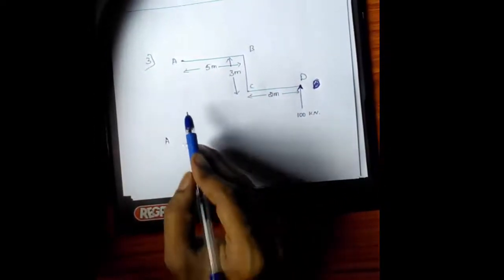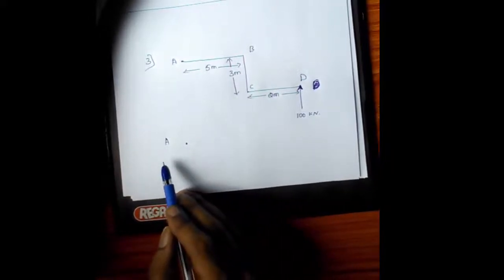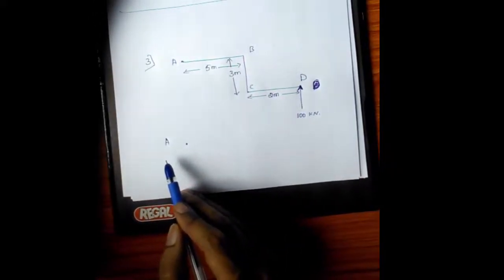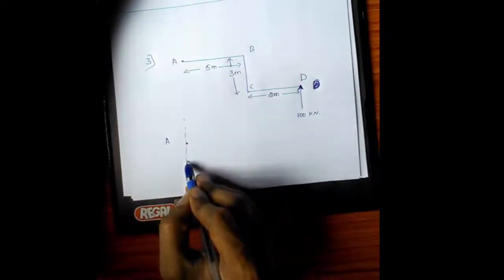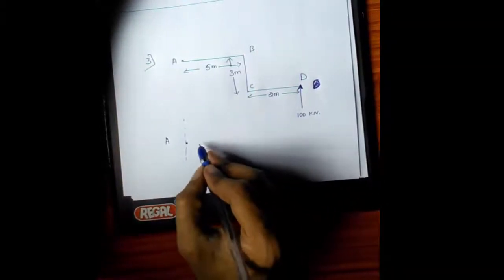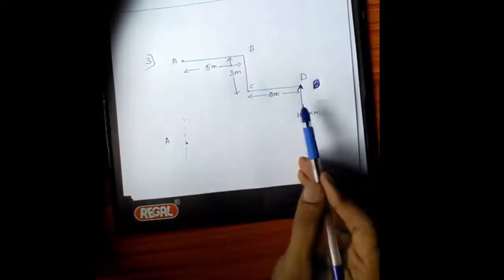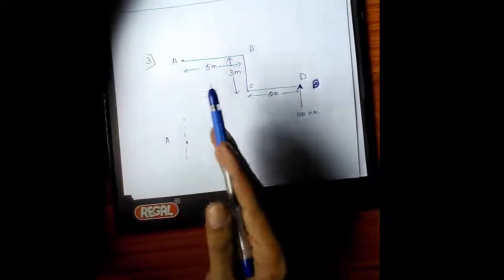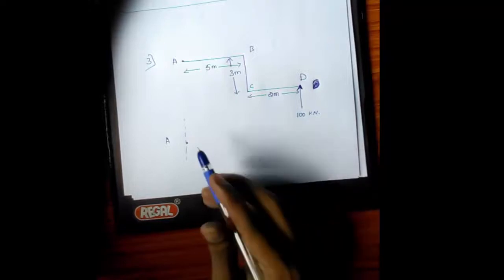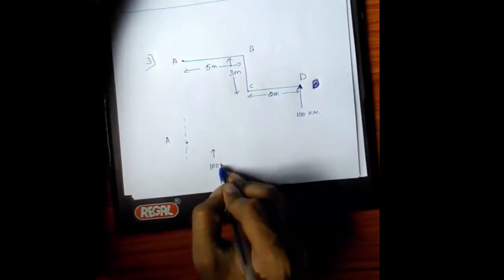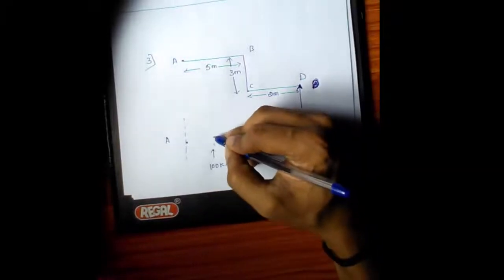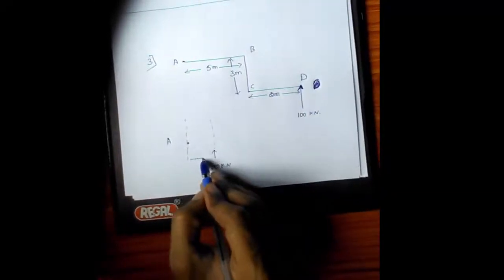You can put dotted lines in vertical also, in horizontal way also. Just check how the force is acting. This force is acting in vertical way, therefore put vertical dotted line. Then check whether the force is acting to the left or right or up or down. It is acting right, slightly down, that is 100 kilonewton. You can extend this one. So what is the perpendicular distance?